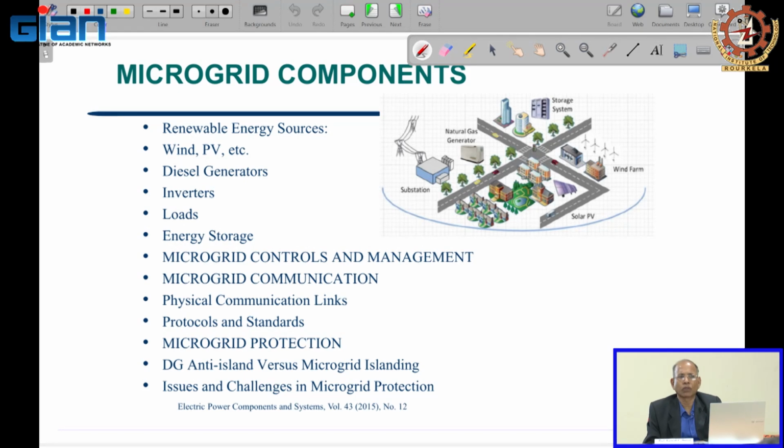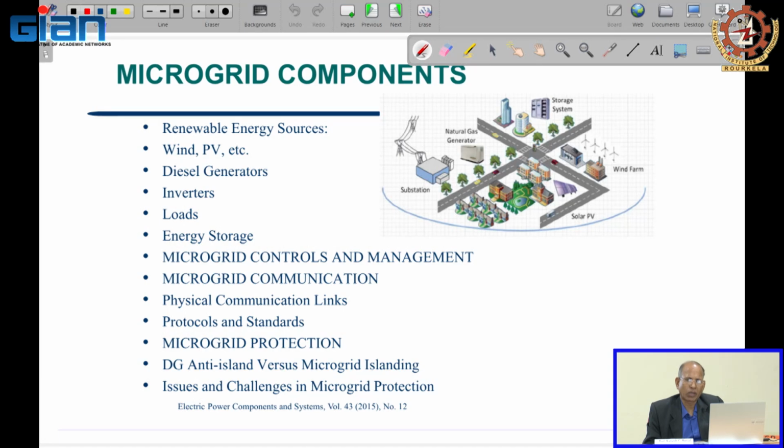So, here you can have different sources of power generation. If it is a grid connected microgrid, maybe diesel may or may not be there. But if you have an isolated one, then generally a diesel generator will be there as the backup.